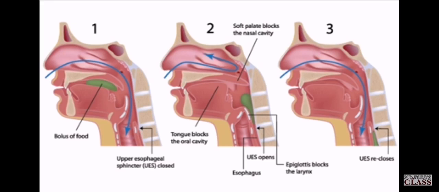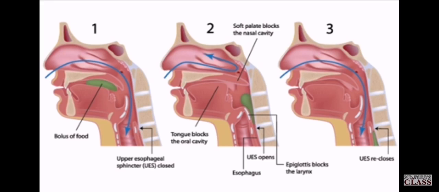Then it is a serious problem, right? So the epiglottis helps us to prevent the movement of water or food or something else into our windpipe. Usually when we inhale, the epiglottis is in upright position and the air will go into the windpipe, in and out.